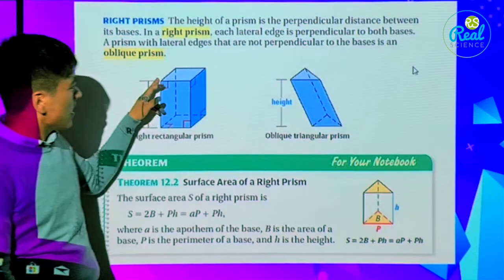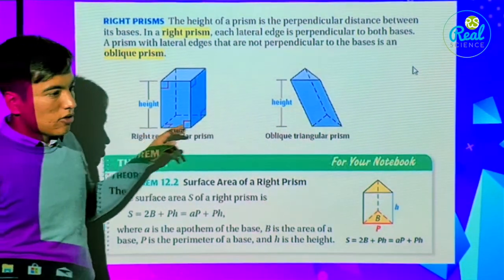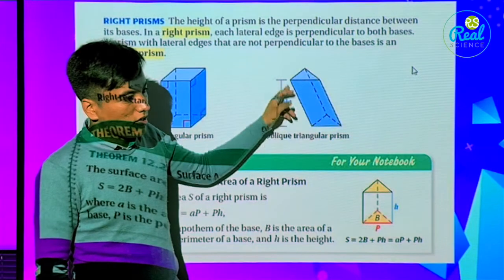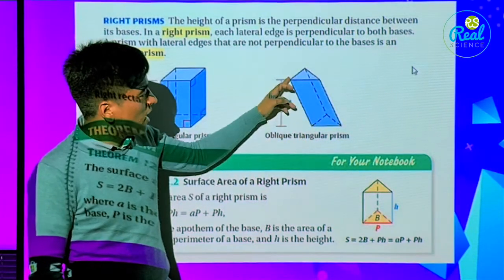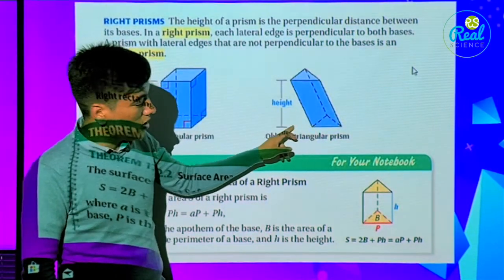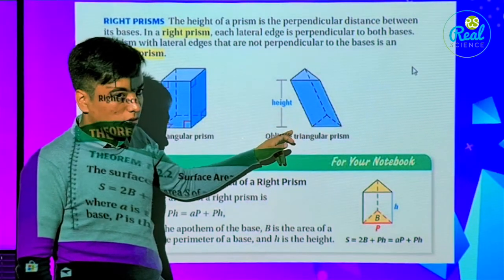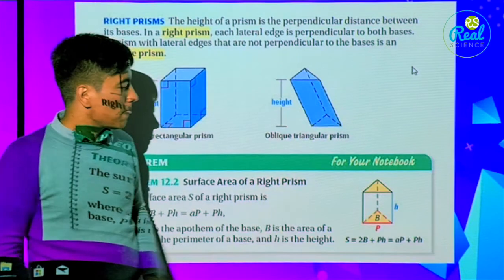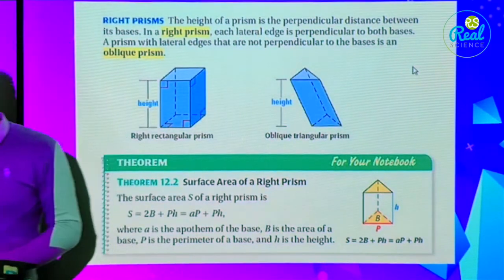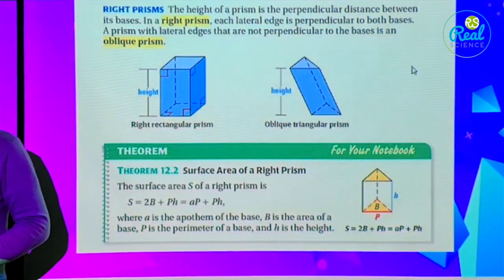For example, here height is just the side itself, but here height will be different. To find height, you're going to put the height and continue this side and solve using the Pythagorean theorem. Surface area of right prism.